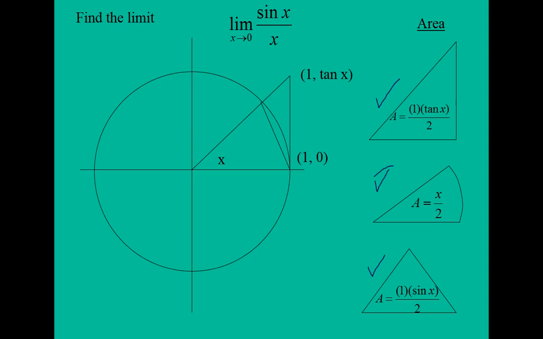So the area of the sector is getting squeezed by the 2 triangles. So we have that feeling of the squeeze theorem. Now remember what our goal is. We're trying to find this limit. So when we build our inequality, we want to end up with the center inequality being sine of x divided by x.